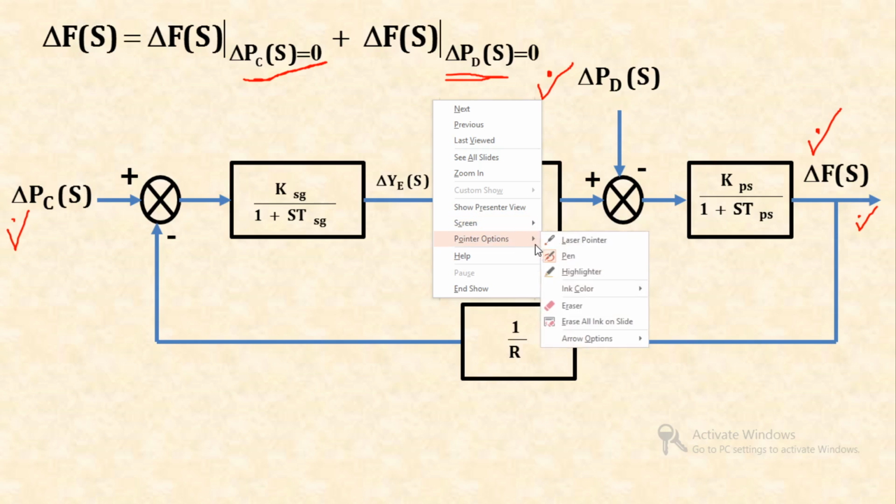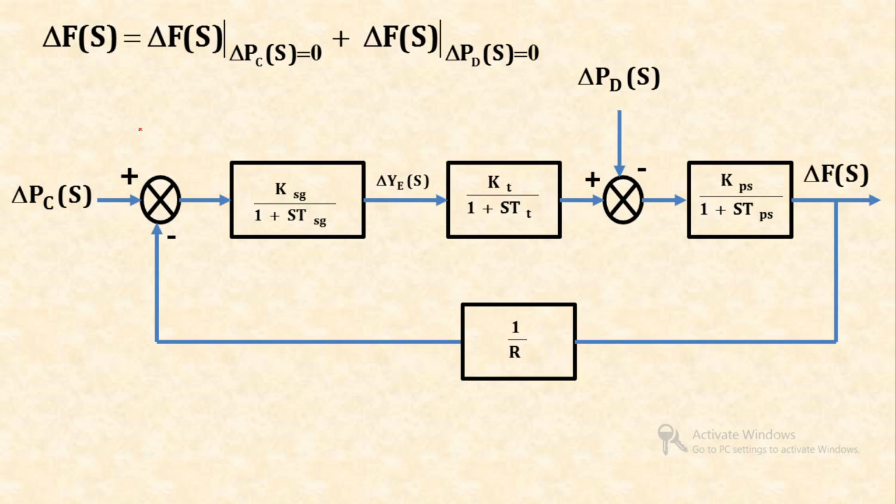That means in this superposition theorem, delta f of s is the combination of two types of output. First when delta Pc of s is equal to 0, and second when delta Pd of s is equal to 0.